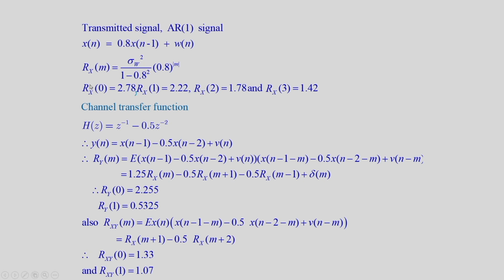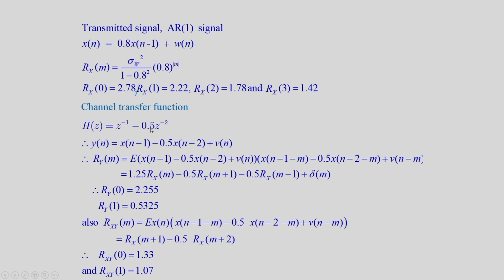If we carry out the calculation, we will get Rx[0] = 2.78, Rx[1] = 2.22, Rx[2] = 1.78, and Rx[3] = 1.42, like that. Now, the channel transfer function is given by H(z) = z^-1 - 0.5 z^-2.